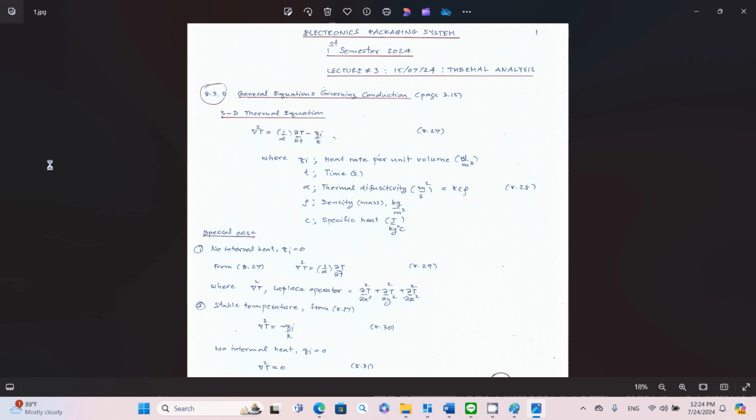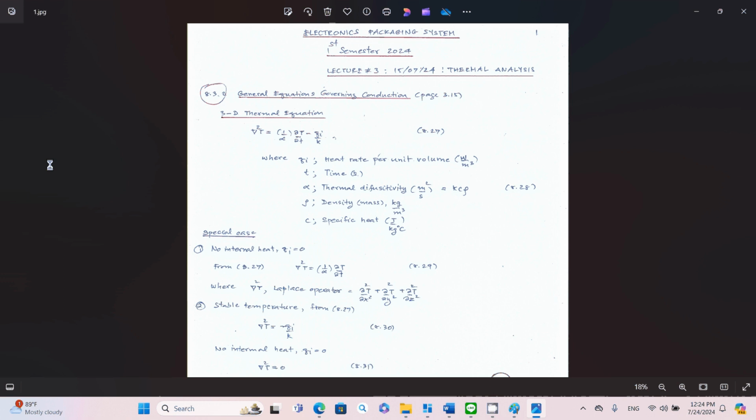For this lecture, we're going to talk about our general equations governing conduction, based on page number 315, topic 8.3.2.